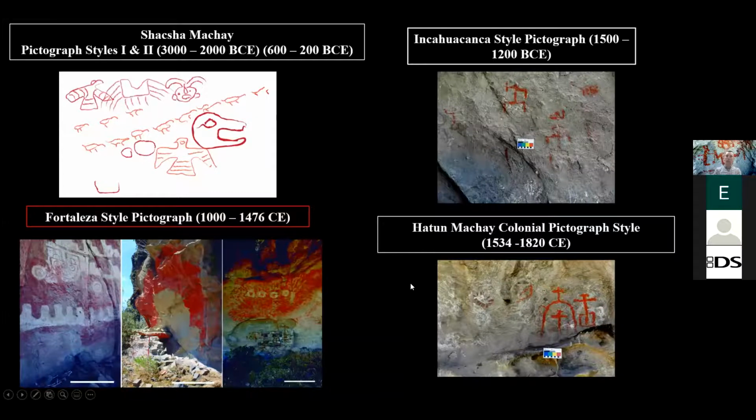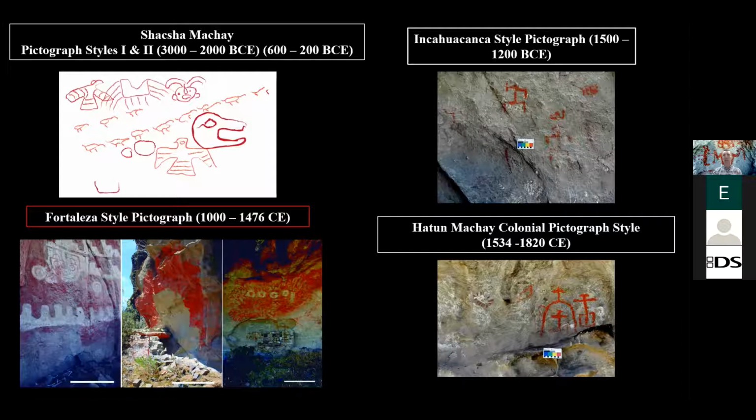So turning to the pictographs here, we can start off with our Shaksha Machai style, which very much relates, from an imagery standpoint, to our incised petroglyph art, and in many ways is contemporary to it as well. Looking to the right here, we have the Inca Huacanca style, which is contemporary to the incising style 1, and we see obviously why, with these U-shaped arms and legs and stick figures and so forth.